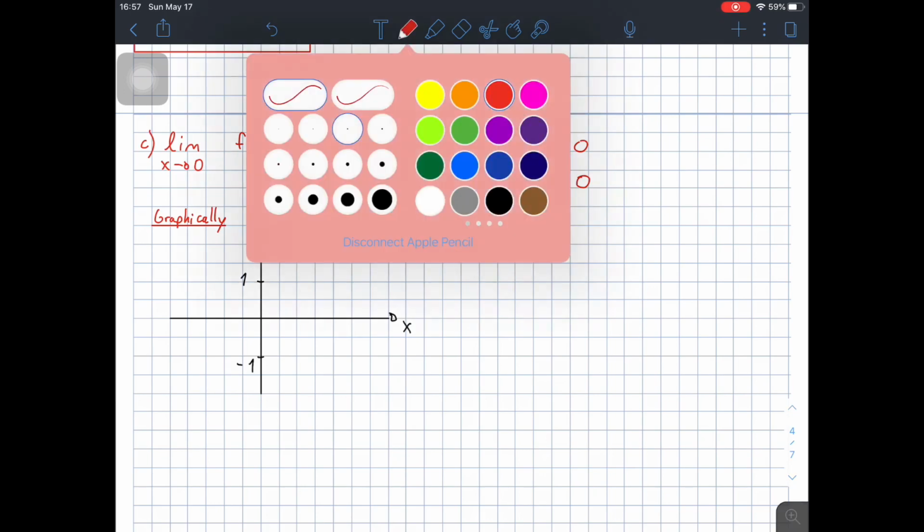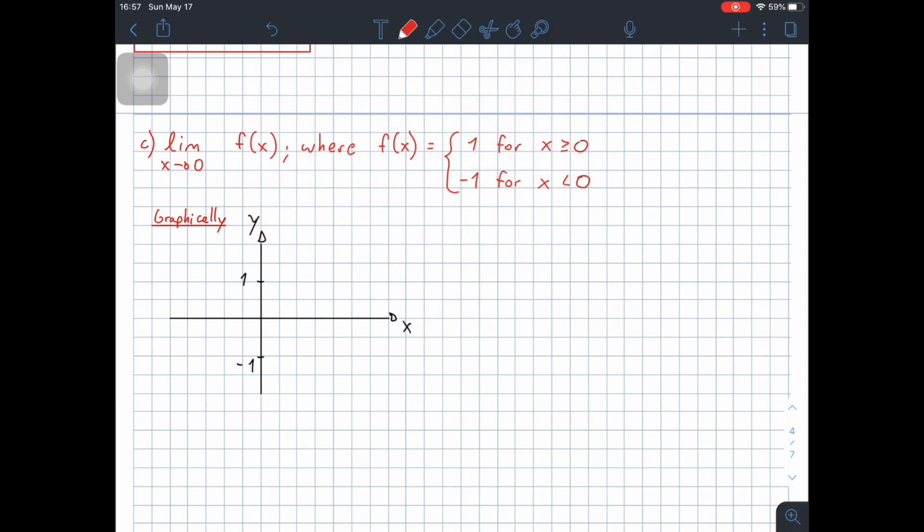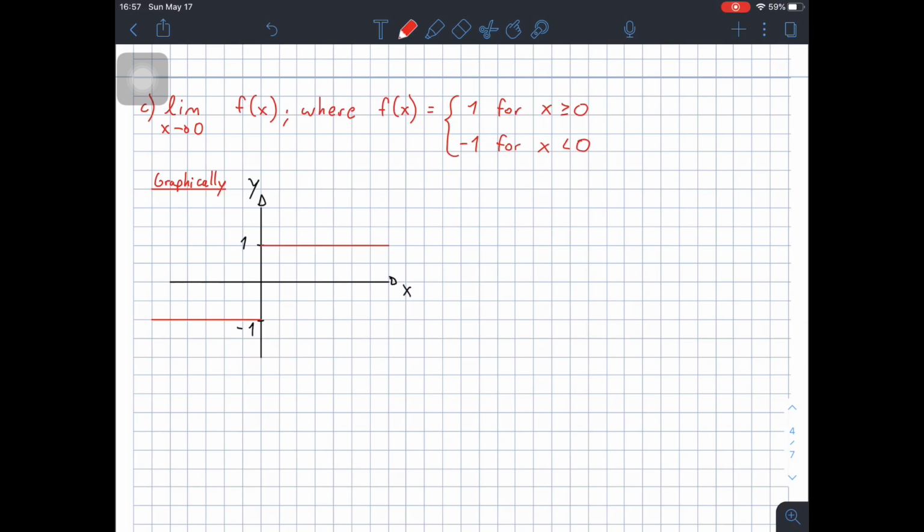Greater than 0. So greater than 0 means all of the values from here to the right. And it's equal to -1 when x takes negative values, right? So that would be a horizontal line from -1 towards infinity, right? So this is how the function looks like.